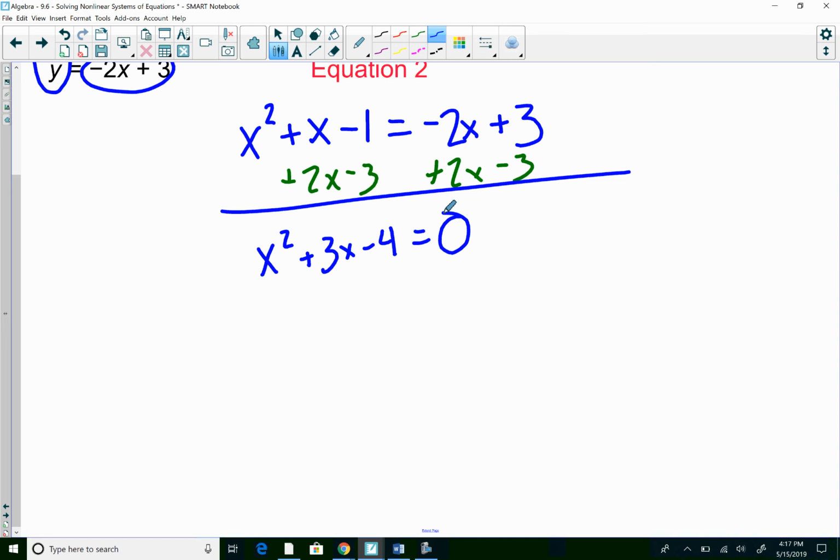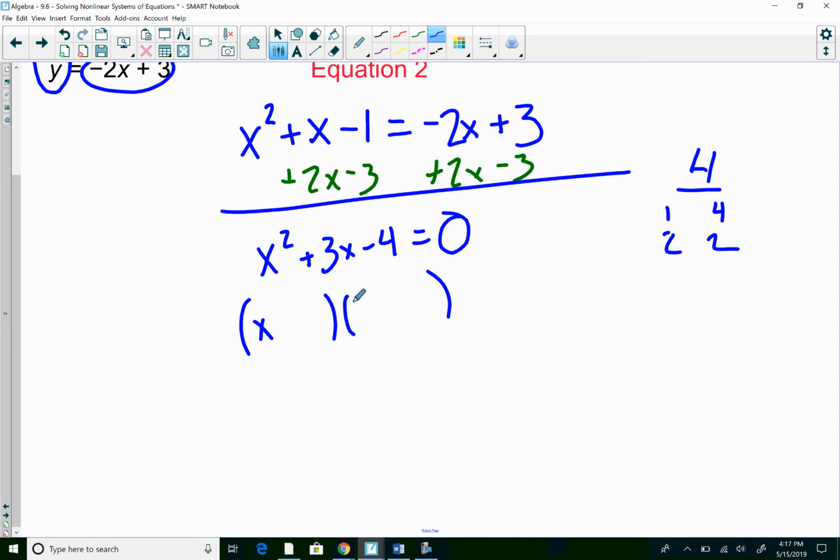Now you can use any one of your methods to help you finish solving this: factoring, graphing, using square roots, completing the square, using the quadratic formula. Any one of those five methods is totally cool. For me, I'm looking at this and thinking about my factors of 4. I've got 1 and 4, 2 and 2. I absolutely can factor this.